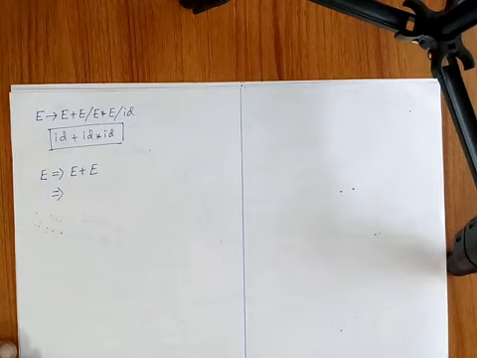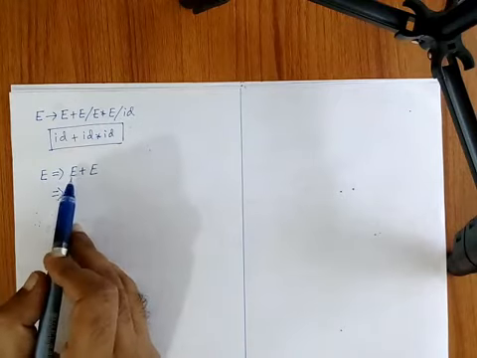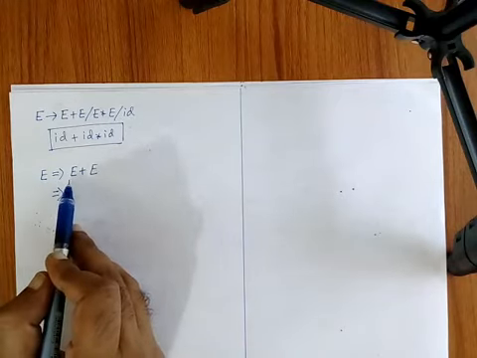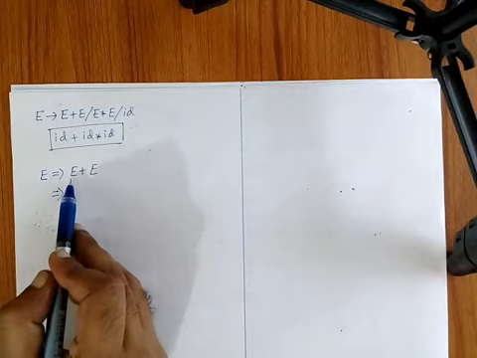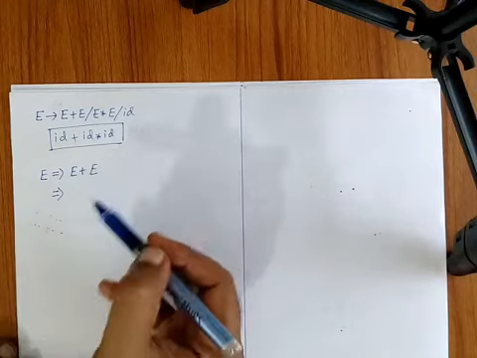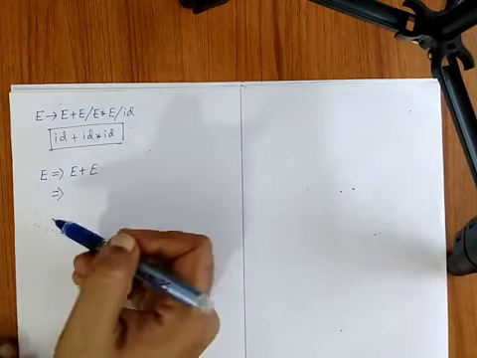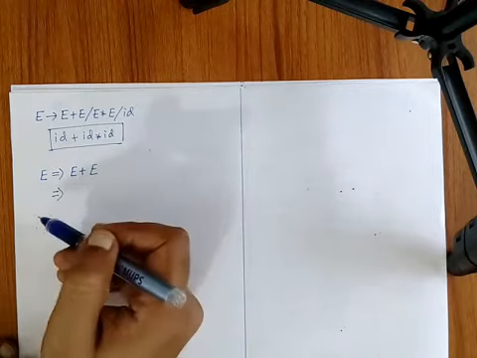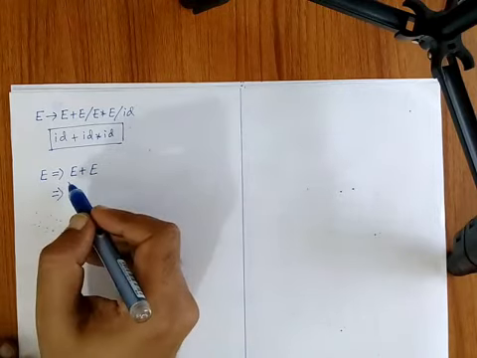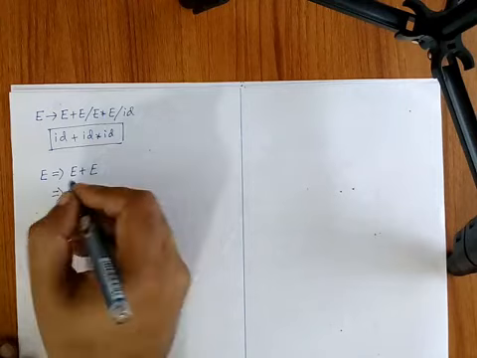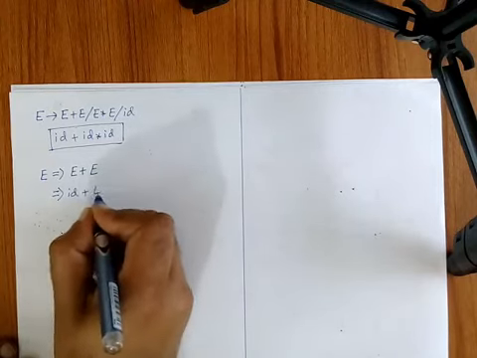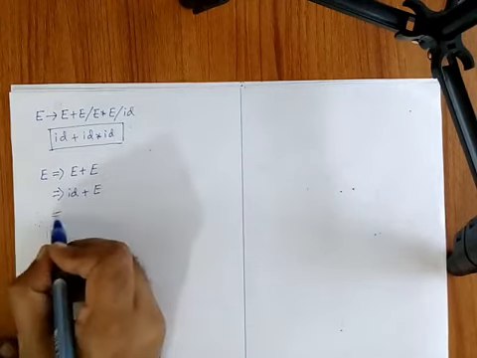So what is the leftmost term? E, which is a variable. So at first we replace the leftmost variable, E, with ID plus E. Then what is the leftmost variable?